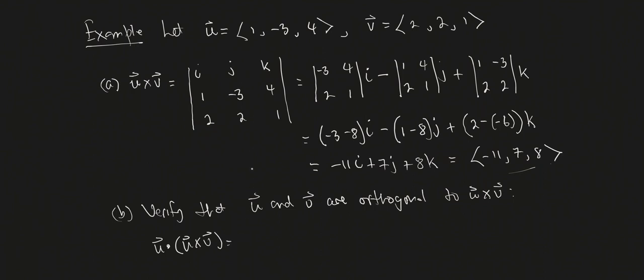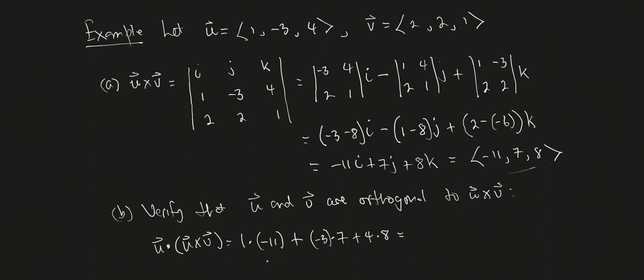So that is, take the first component of u, that's 1, times our first component of the cross product, which is negative 11, and then plus negative 3 times 7, and then finally plus 4 times 8. Let's see what we get here.